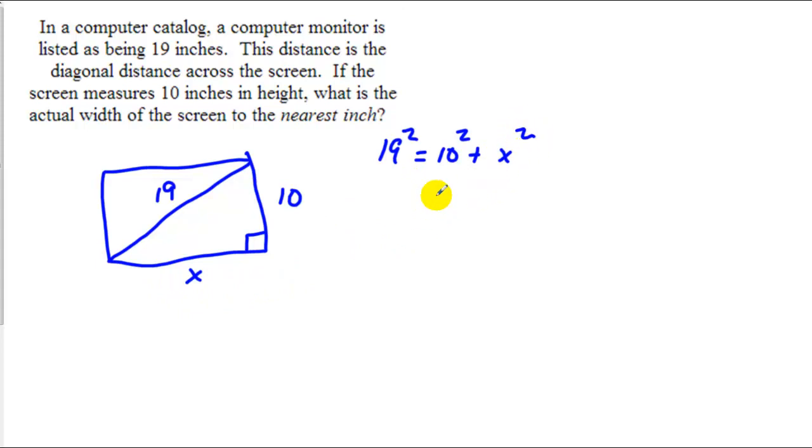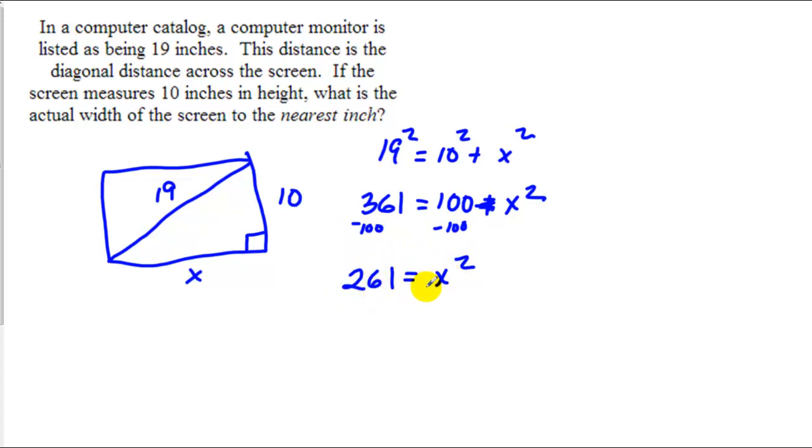So if I take 19 and square it, I end up with 361. 10 squared we know is 100, and that's added to x squared. Subtract 100 from both sides, and I get 261 is equal to x squared.